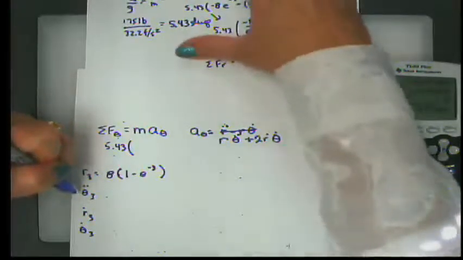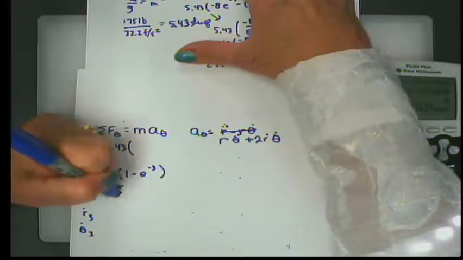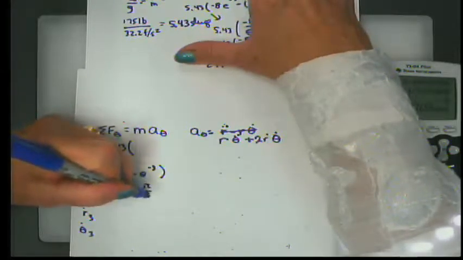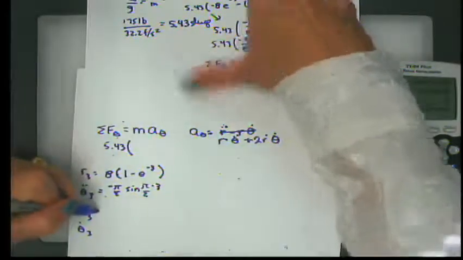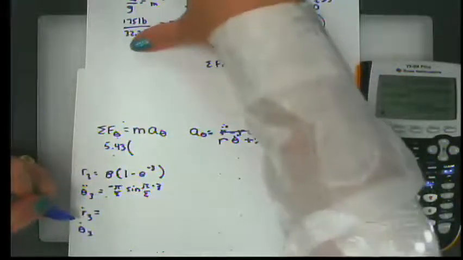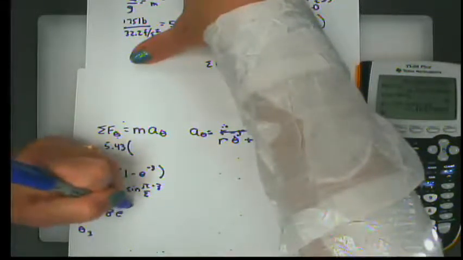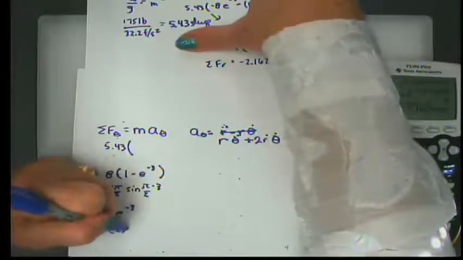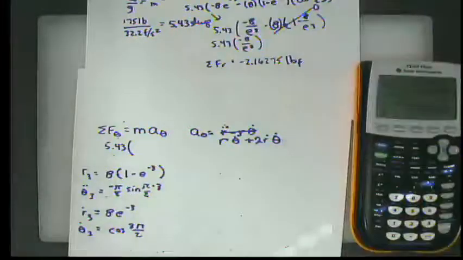Theta double dot is negative pi over 2 sine of pi over 2 times 3. And hopefully some of this is going to go to 0. r dot is 8 e to the minus 3. And theta dot is cosine of 3 pi over 2. All right.